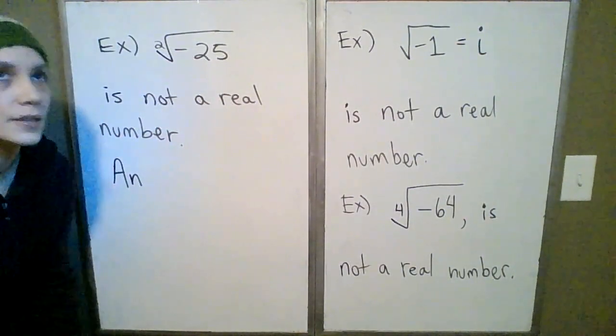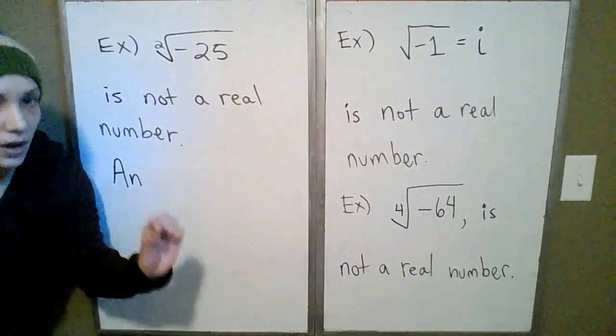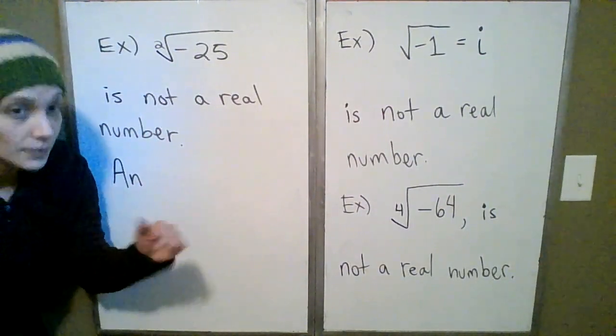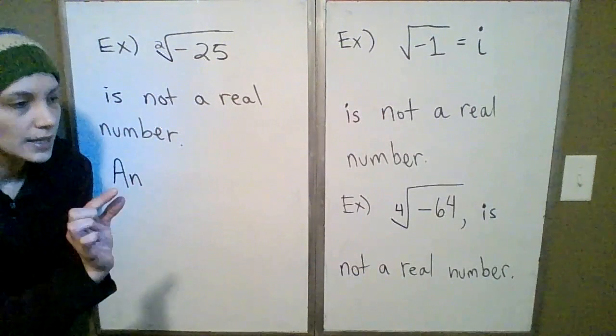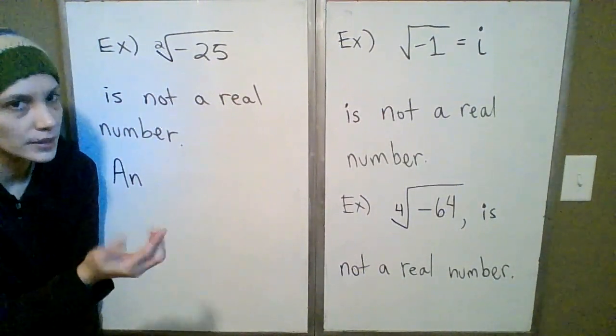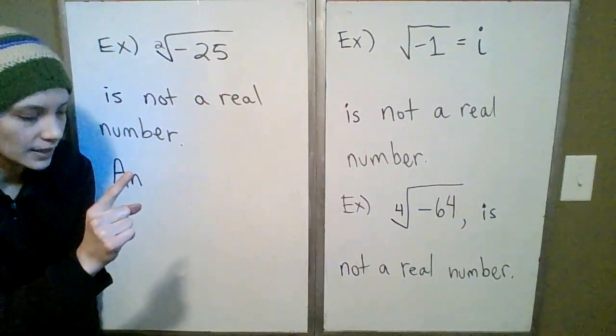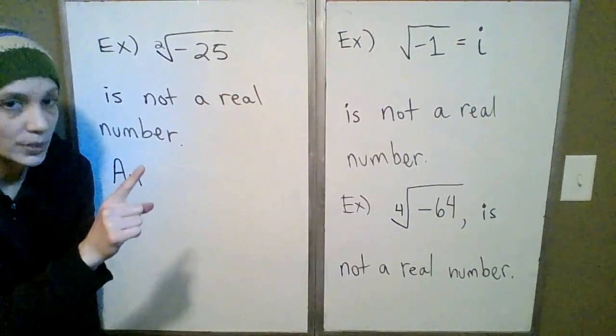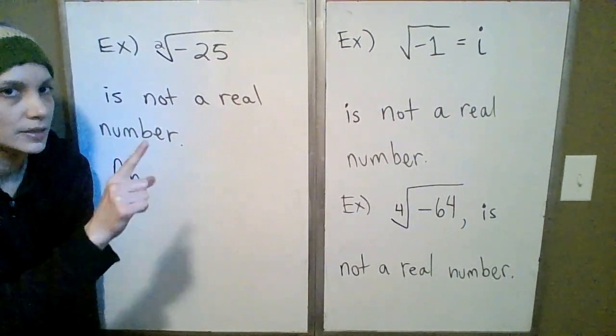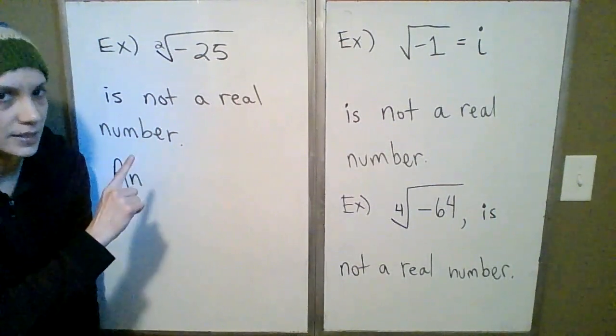Okay, so the next part is an odd root of a negative number is real. It's just going to be the case that we bring the negative out from under the sign into the front.